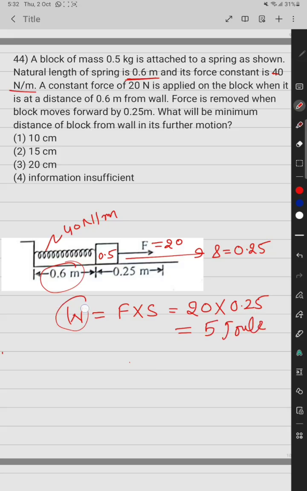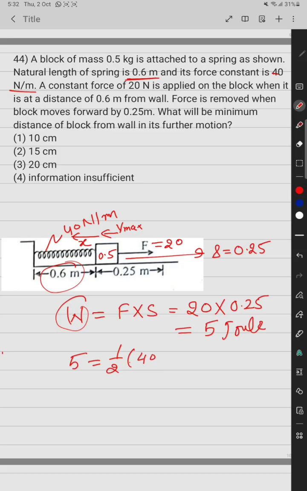This 5 joule work done is stored as the potential energy of the spring. That means when force is removed, the velocity of the block is maximum at this situation and it is further compressed by x. So this work done, 5 joule, converts into potential energy of the spring.